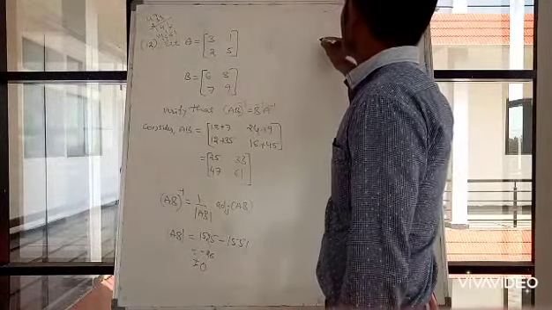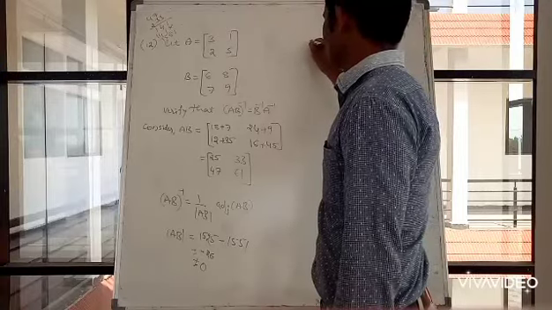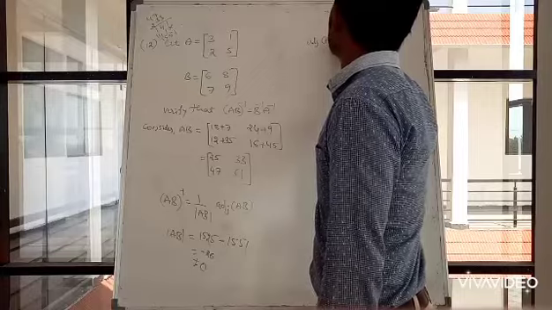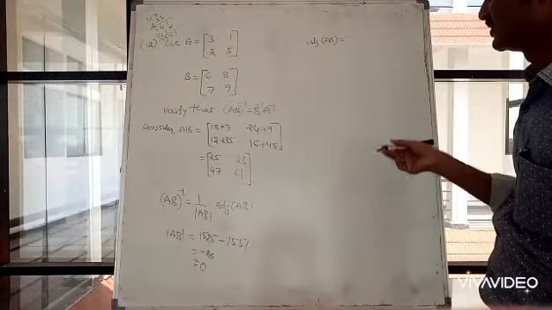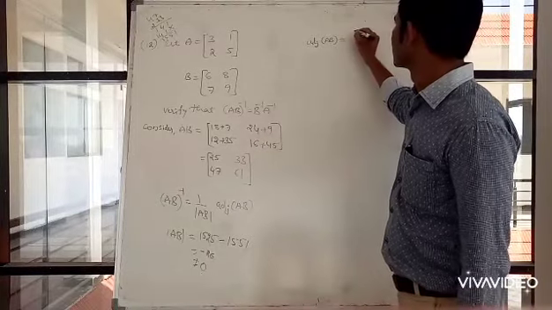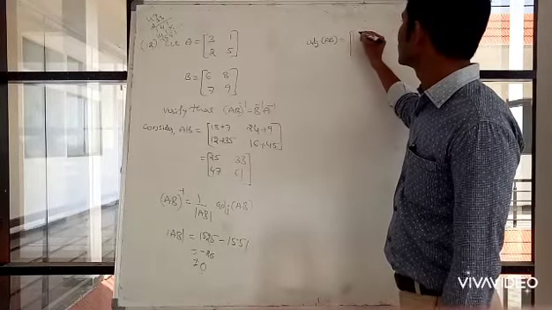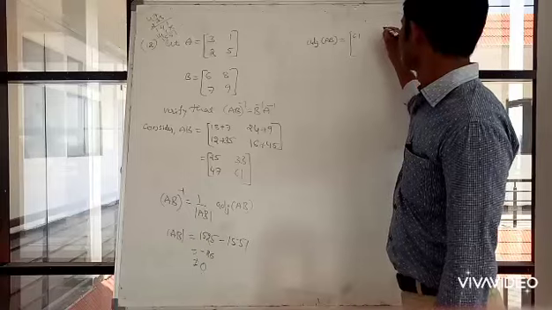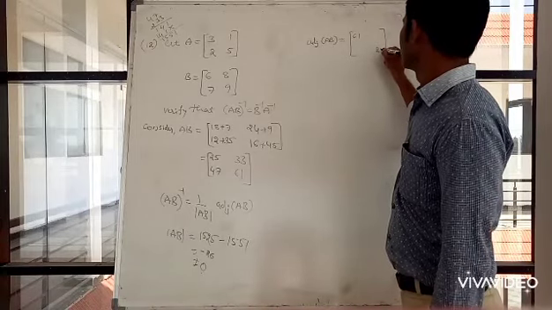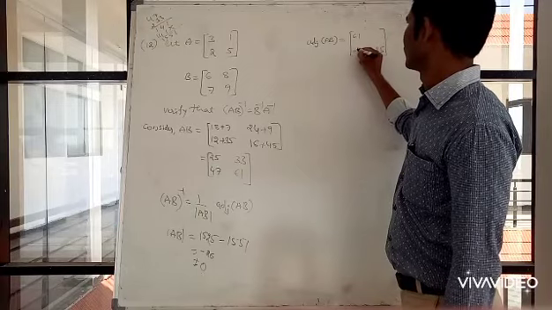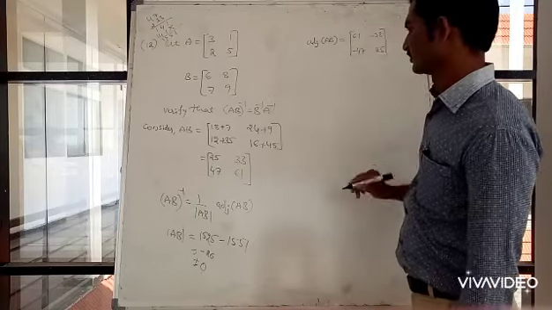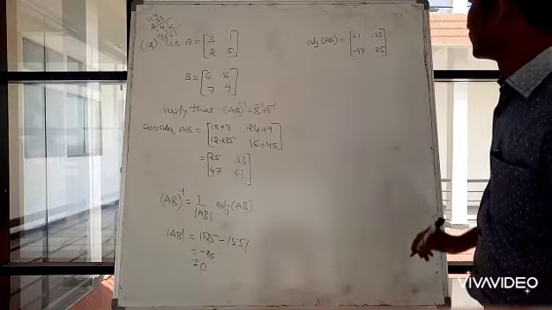Next, adjoint of AB. It is a 2 cross 2 matrix. It is very simple. Exchange these two. Adjoint of AB means here 61, here 25. Then change the sign of the remaining two non-principal diagonal elements.